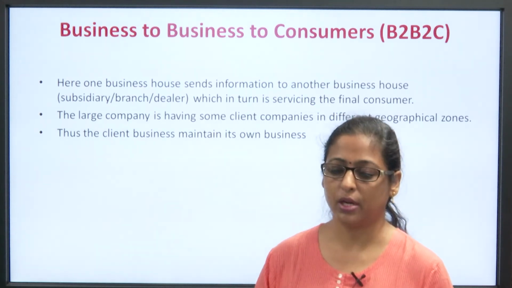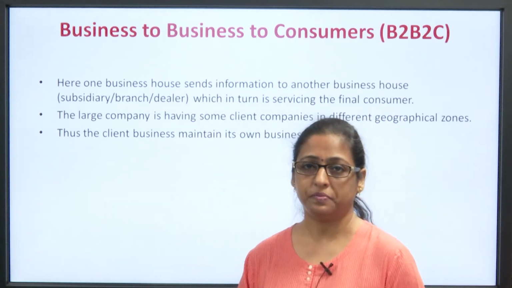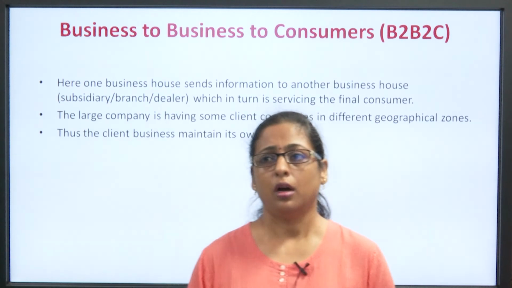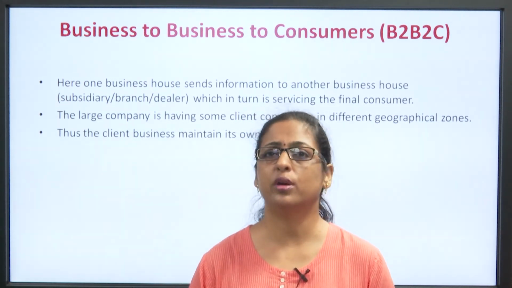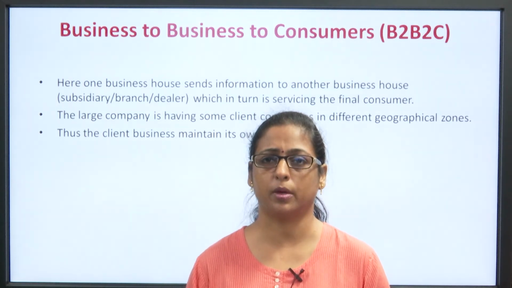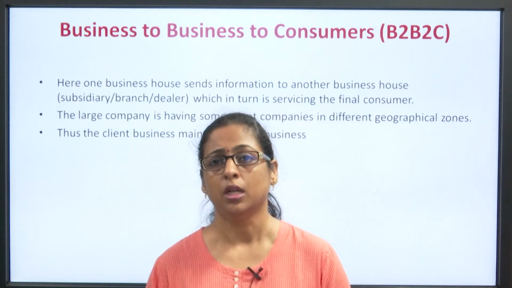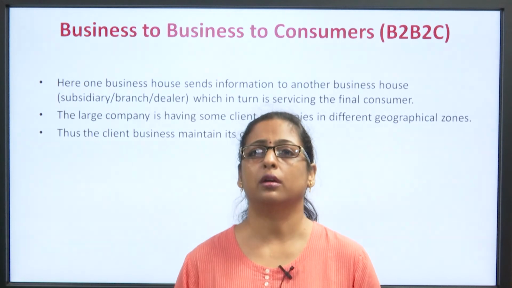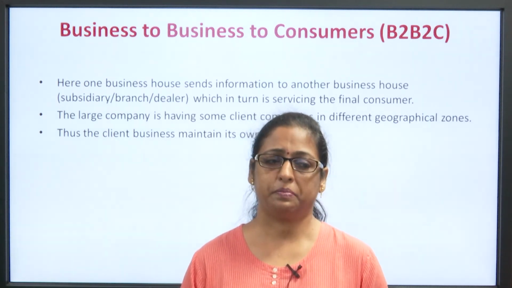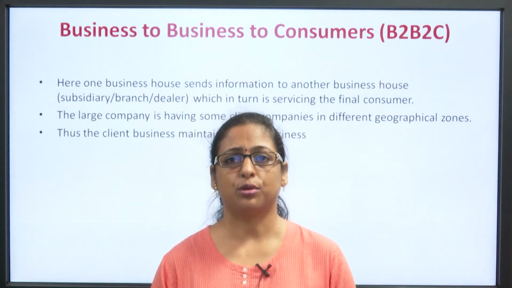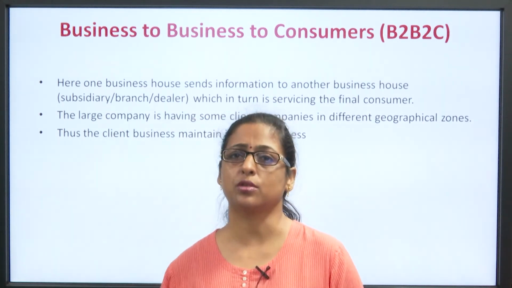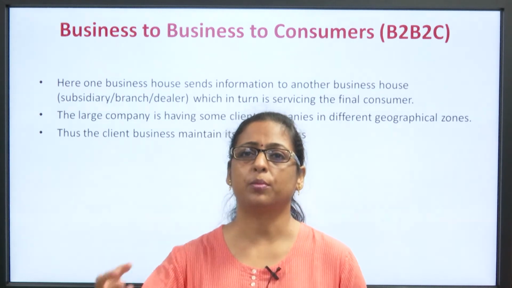Then we have the B2B2C model, where a particular company that is in relationship with the customer is not in the vicinity of the customer, and so tries to connect with another business organization which would supply the product to the customer.